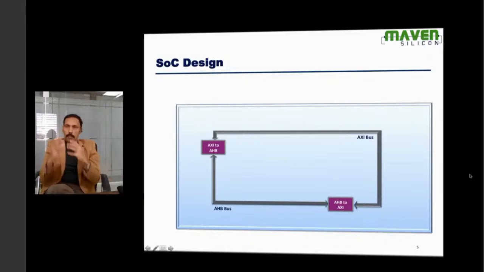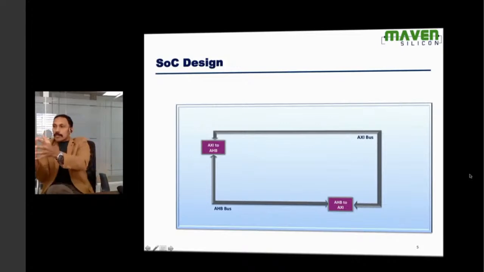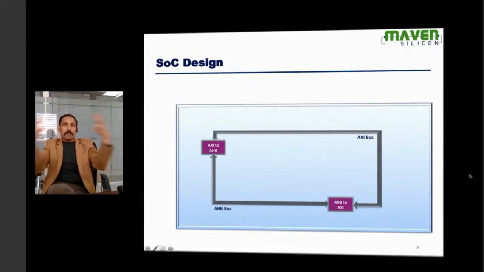So what they do is they approach IP companies. They look at it like, okay, you are the company which is specialized in processor design. This is the company which is specialized in Bluetooth. This is the company which is specialized in wireless. And they choose companies like this and then they buy IPs from these IP vendors.